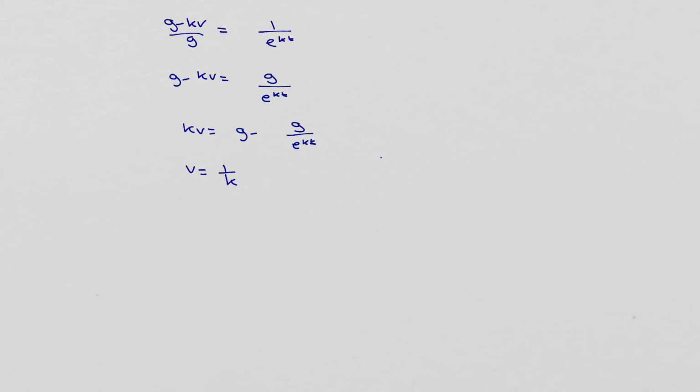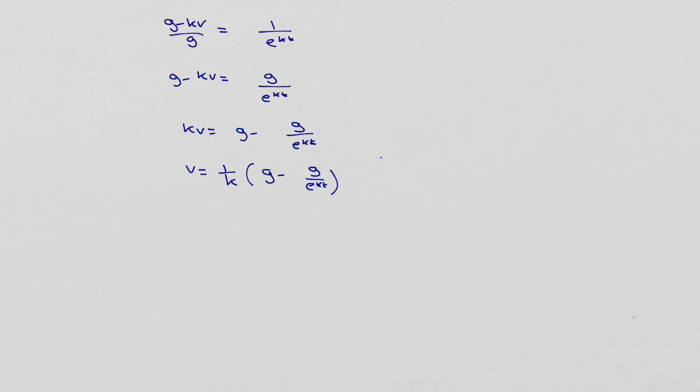Now I'm going to multiply across by g minus kv, or actually even just flip it. If I flip that, I have g minus kv over g is equal to 1 over e to the kt. So I can multiply across by g, and then I can get kv on its own, and then divide everything across by k, which is the same as multiplying by 1 over k.